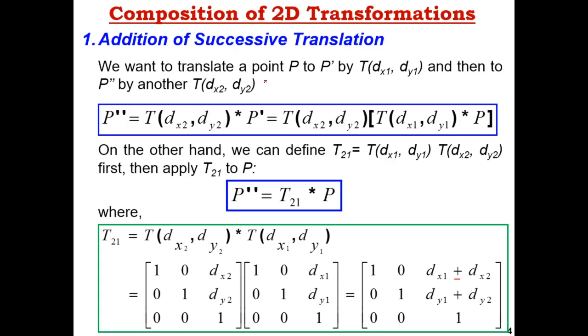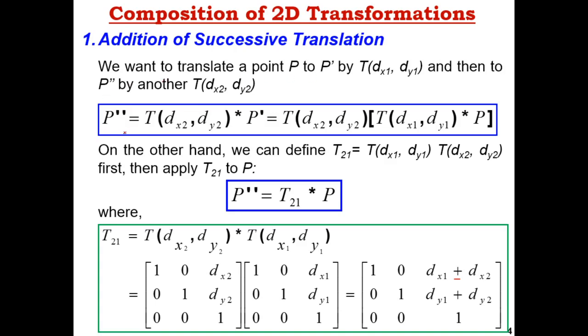We want to translate a point P to P dash by T(dx1, dy1), and then P dash to P double dash by another translation (dx2, dy2). The point is first translated with the first values to give P dash, and then P dash is translated with the new values to give P double dash.